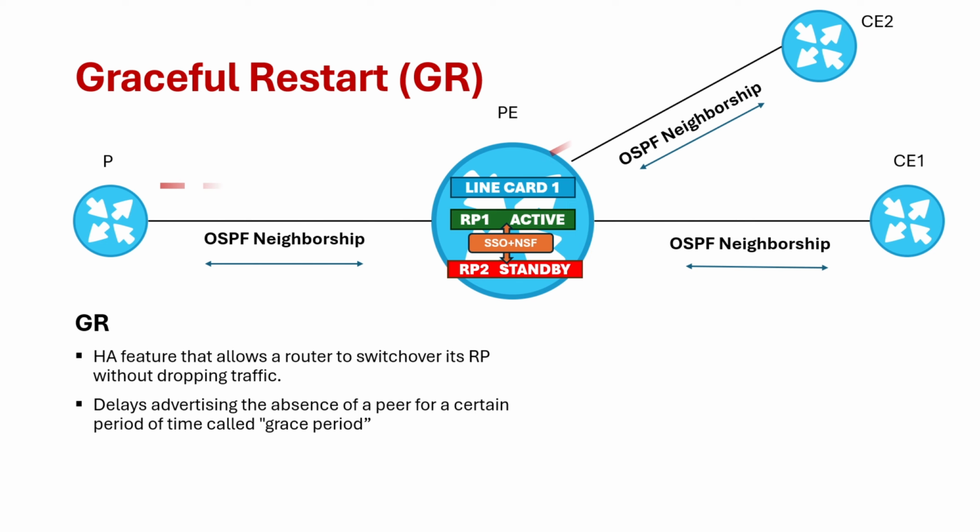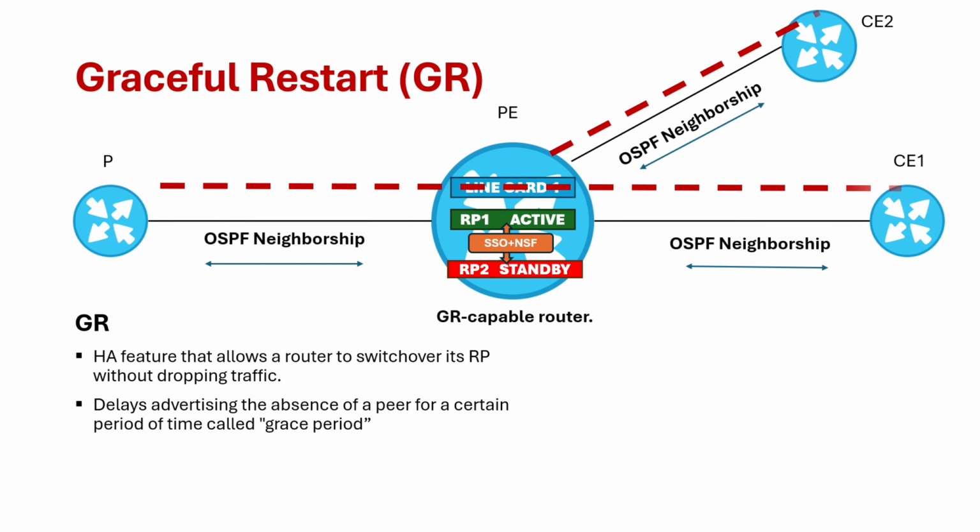Here I have again added another customer just to tell you the different roles maintained by the GR routers. So the GR capable router has dual RPs and supports SSO and NSF.